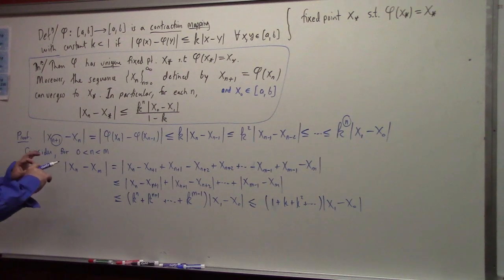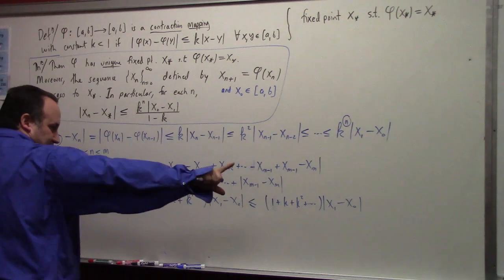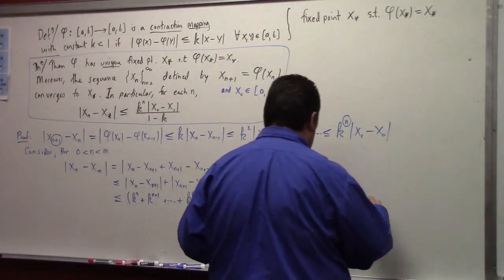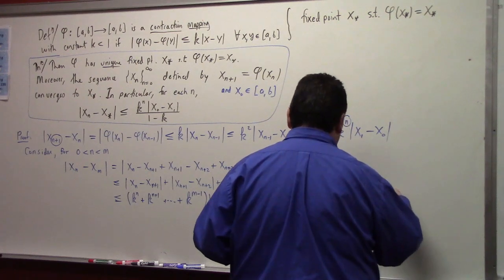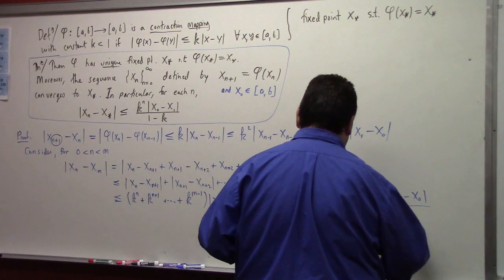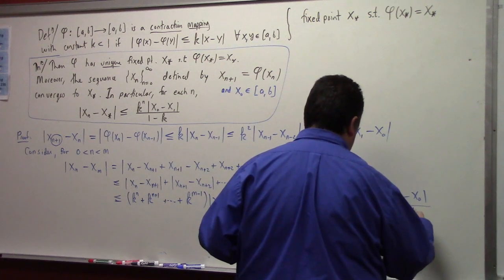I added more terms, and I can do that. That's a geometric series. You see? Because k is less than 1, it converges. In fact, this is straight up equal to x1 minus x0 over 1 minus k, right?